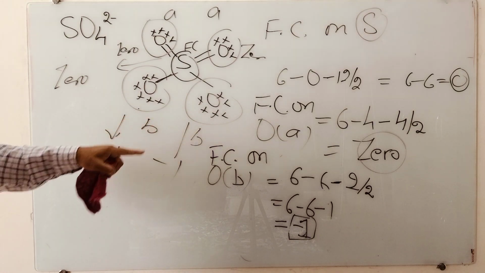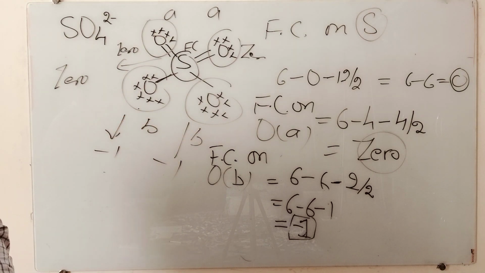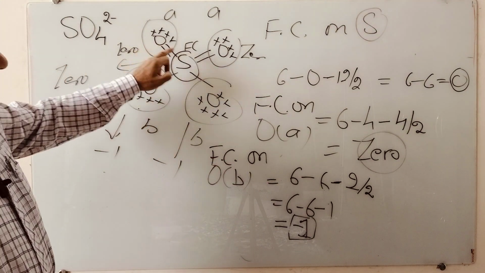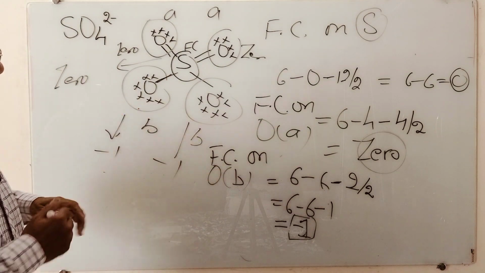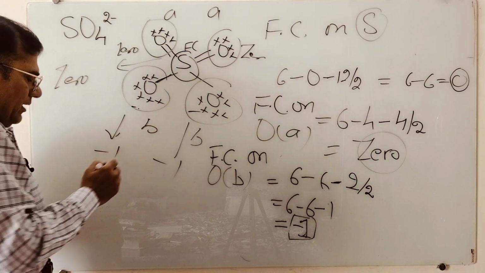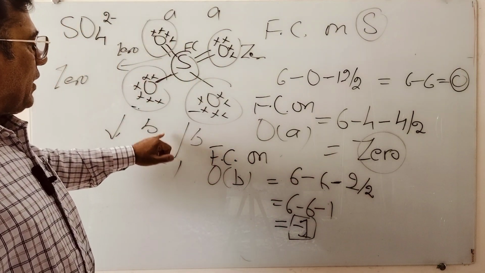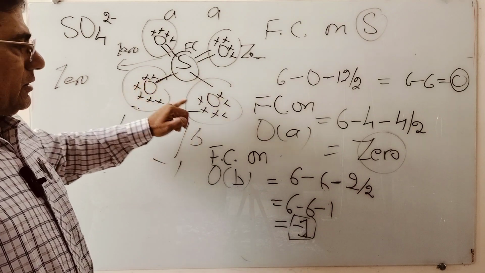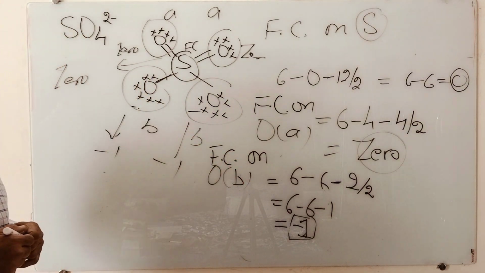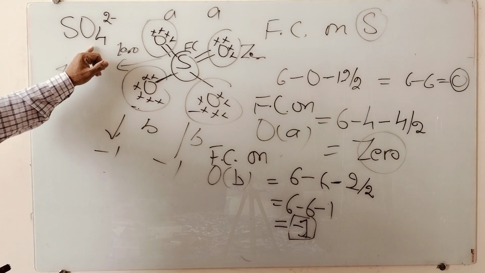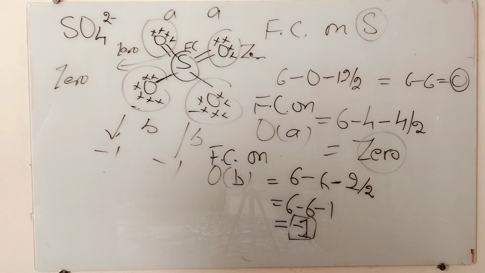But when I come to this lower B oxygen, group number same 6, non-bonding electron, in doubly bonded they were 4, but in singly bonded it is 6. 6 minus 6 minus half the number of bonding electron, 2 electrons divided by 2 is equal to 1. 6 minus 7, so minus 1 formal charge is present on the oxygen which is singly bonded. So ultimately minus 1 minus 1, you are looking 2 minus charge on sulfate ion.